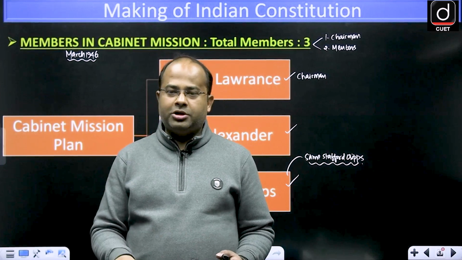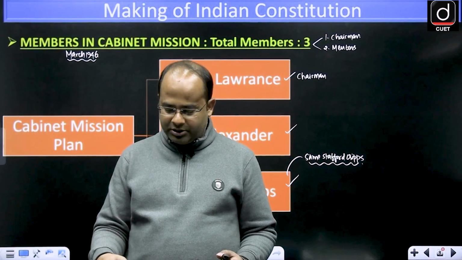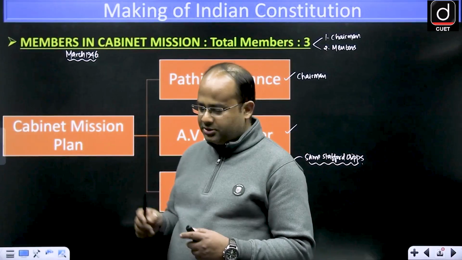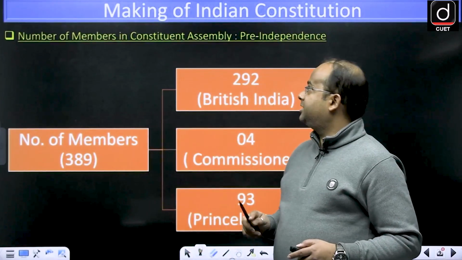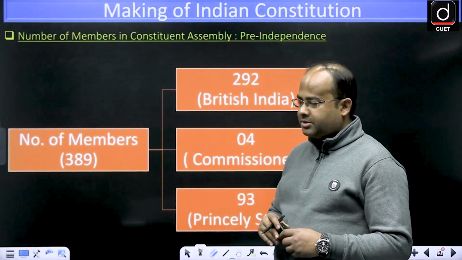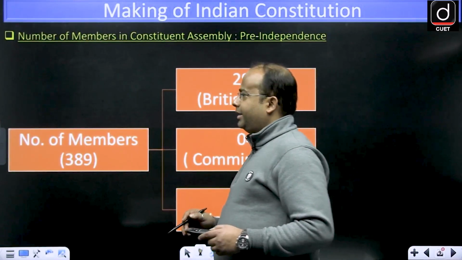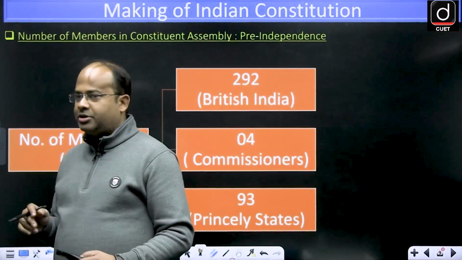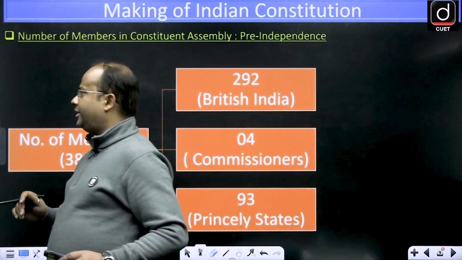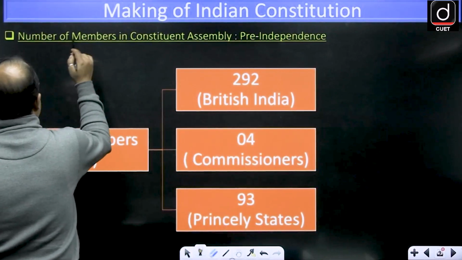Through the Cabinet Mission Plan, the Constituent Assembly was formed and an election was held. Now guys, let's discuss the number of members in the Constituent Assembly. The Cabinet Mission recommended the formation of the Constituent Assembly, but it was done through election.